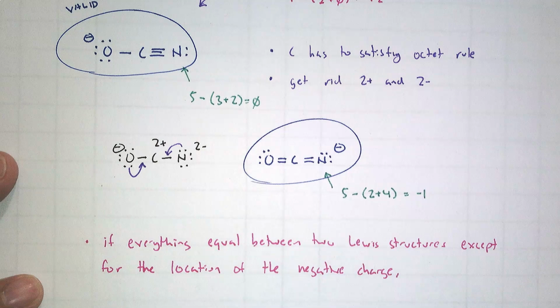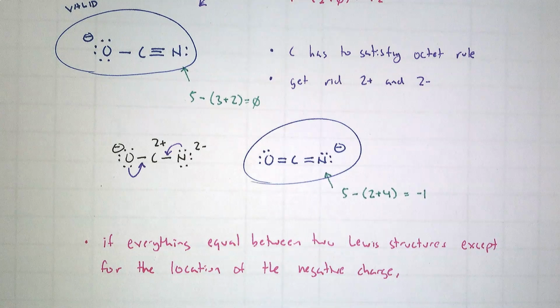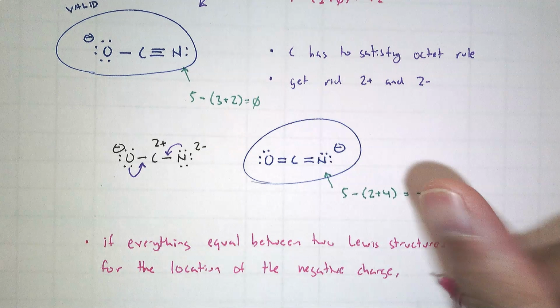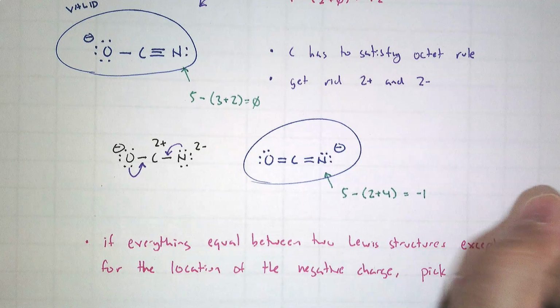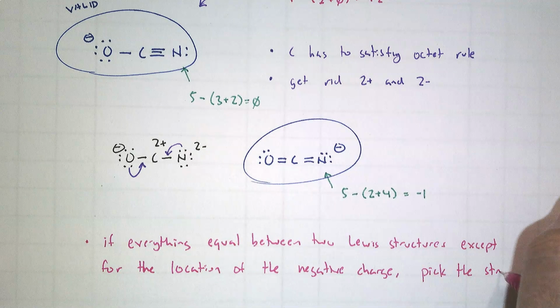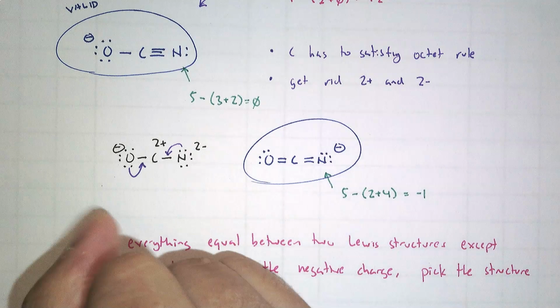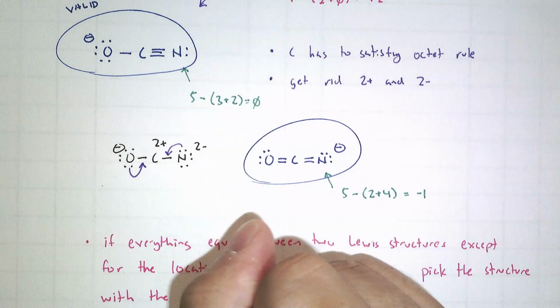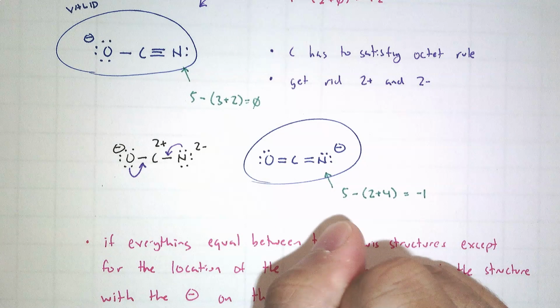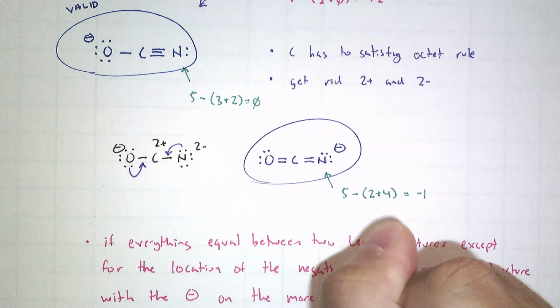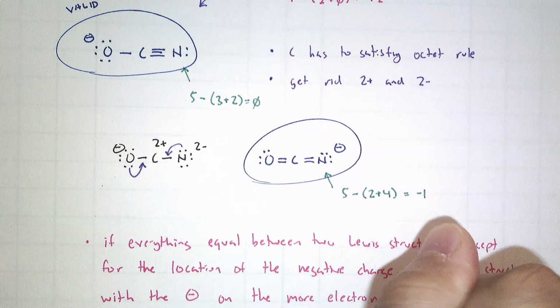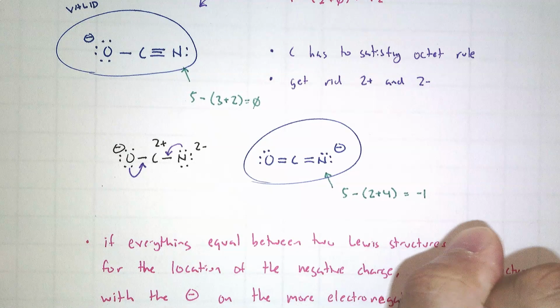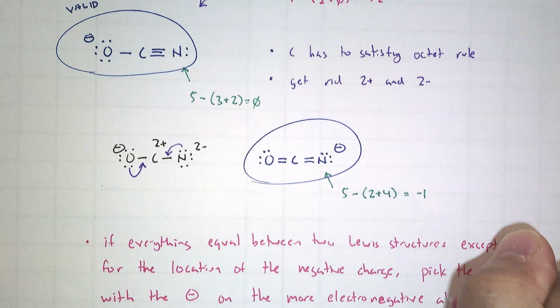Then you will pick the Lewis structure that has negative charge on the more electronegative atom. Pick the structure with a negative charge on the more electronegative atom.